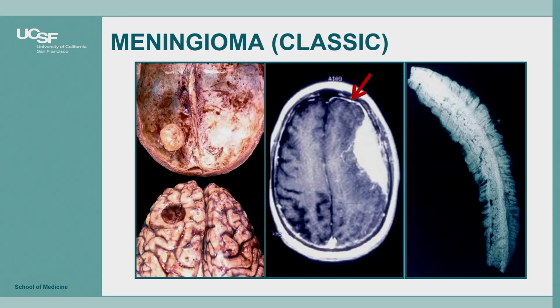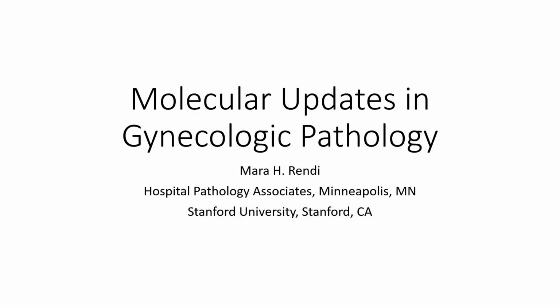So we'll jump right in from brain tumors to molecular updates in GYN Path. Tomorrow, I promise you we're going to do the nitty-gritty stuff that on next Monday you'll be able to use, like intraoperative GYN and hard endometrial biopsies.